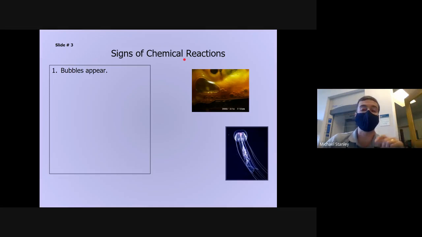So, for example, when you drop an Alka-Seltzer tablet into a glass of water, or when you mix baking soda and vinegar and it creates that big cartoon foam spray that you see in shows when they make the volcano for the science fair.